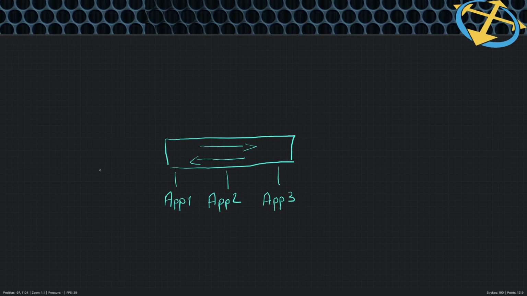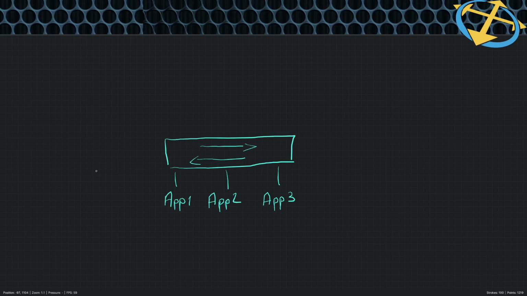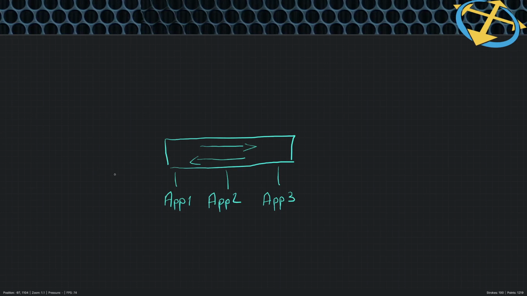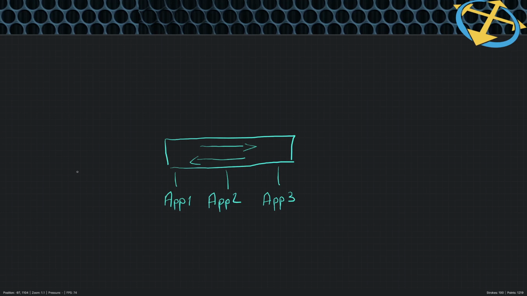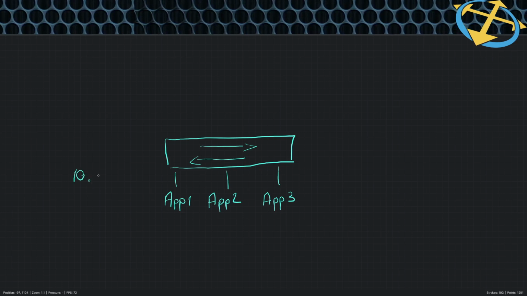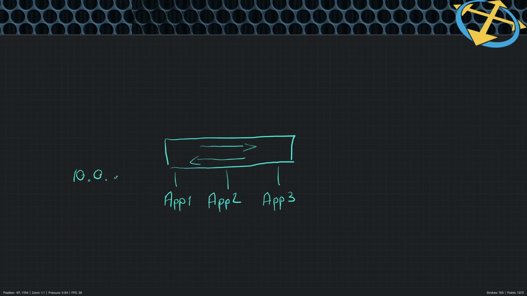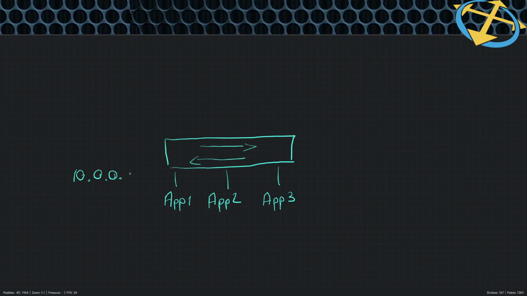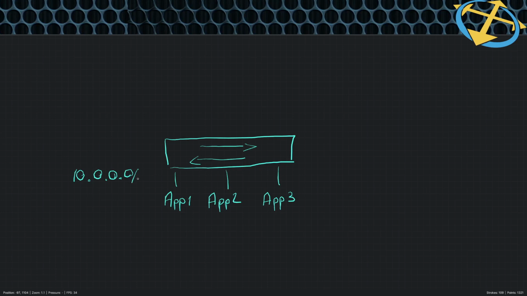All right, and let's put an IP class on this segment. Let's say I'm using 10.0.0.0/24.